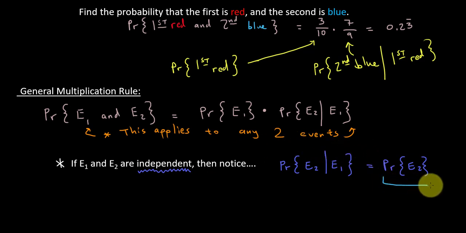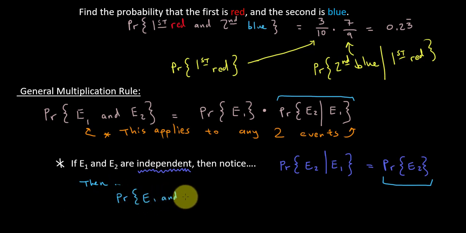Then substituting this bit here up here with the light blue portion, notice our formula turns into probability of E1 and E2 simplifies to the probability of E1 times, this amount in light blue, we're just going to replace it with this light blue, probability of E2.